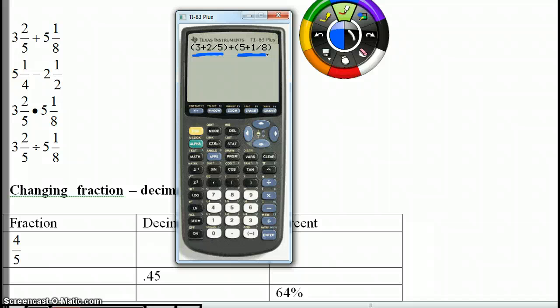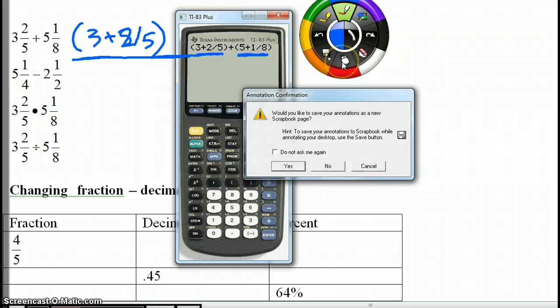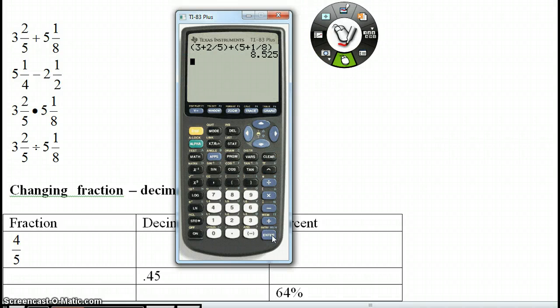So on the TI, it works a little different. Make yourself a note. I would actually write this down in your notes so that when you see this, you'll know how to punch it in. Another thing that's going to be different is when you hit equals on the TI, we get a whole number and a decimal number.